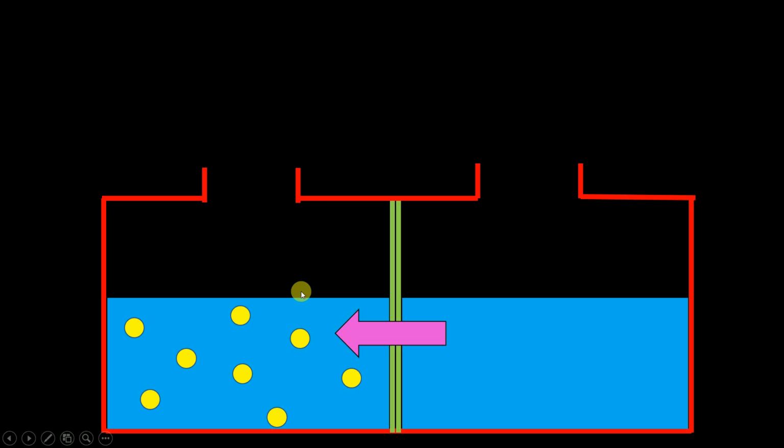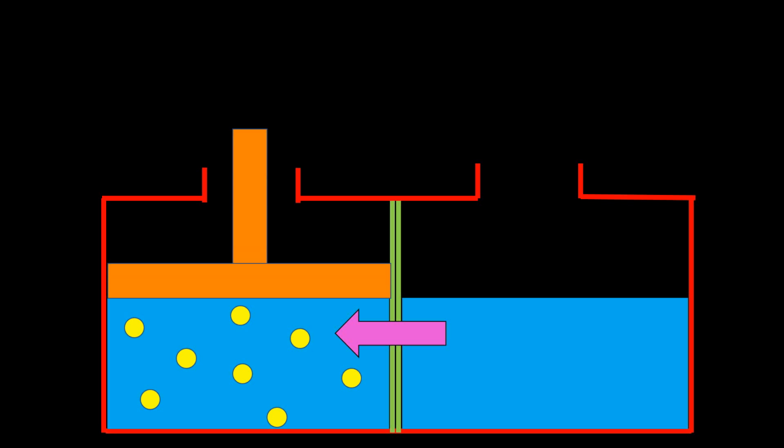The volume will increase over here, but I do not want the volume to increase. Therefore, what I am going to do is that I am going to keep a piston over here. Okay, so this orange color is nothing but a piston over here, and on this piston I am going to apply a downward pressure so that this piston does not come up.